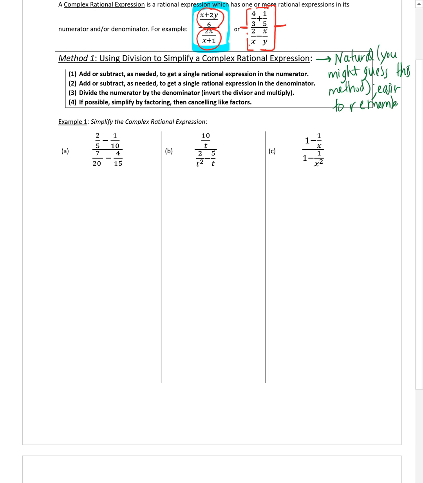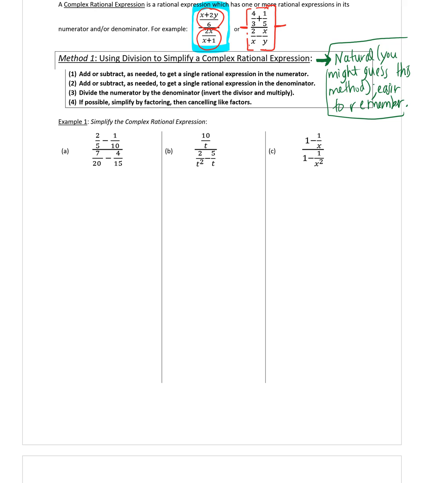So if you feel like you have so much in your mind that you're like, man, for the next exam there's already so much to remember, I'm going to try to do this method because it's the least to remember and it's the easiest to remember. I think the second method we'll see after these three examples here, it's harder to remember.